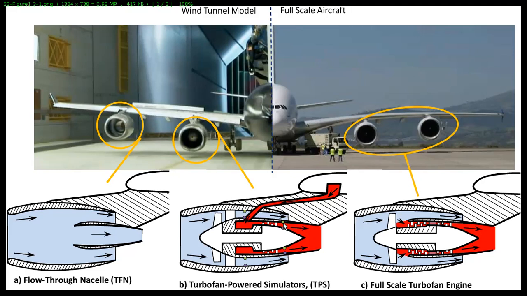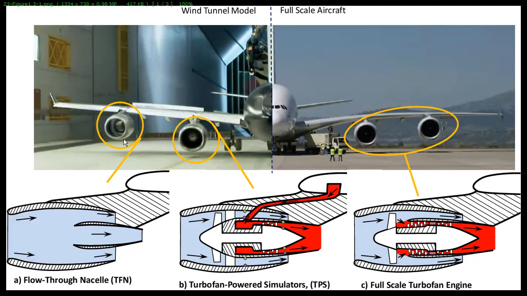There is a turbine, and the turbine runs the front part of the simulator, a fan. This simulator mimics the real engine. It needs to give the same jet parameters as the real engine. We cannot simulate hot air, we don't have such temperature inside, but we can simulate speed, pressure, and so on.